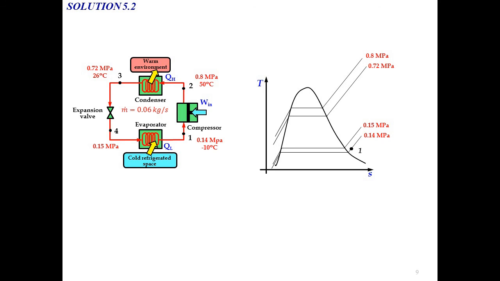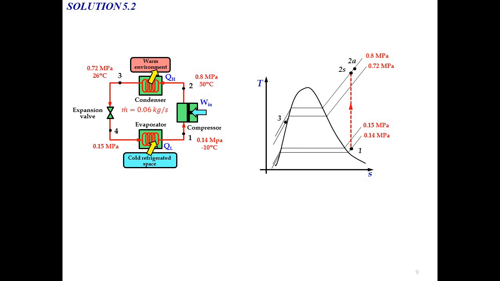State number 1 is at a pressure of 0.14 megapascal, and we know that state number 1 is in the superheated vapor region, so you need to draw the exact point for state number 1 in the superheated vapor region. Draw a vertical line to obtain the point of state 2s on the constant pressure line of 0.8 megapascal. And we also have state 2a on the same constant pressure line of 0.8 megapascal.